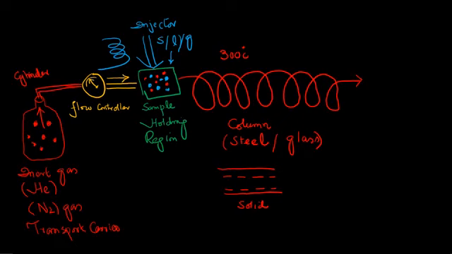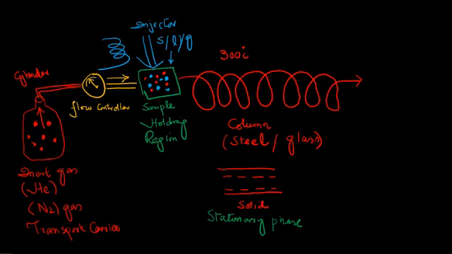So the tube is filled with a solid or a liquid material, and this solid or liquid material is known as the stationary phase material. They are basically stationary inside the column or inside the tube.